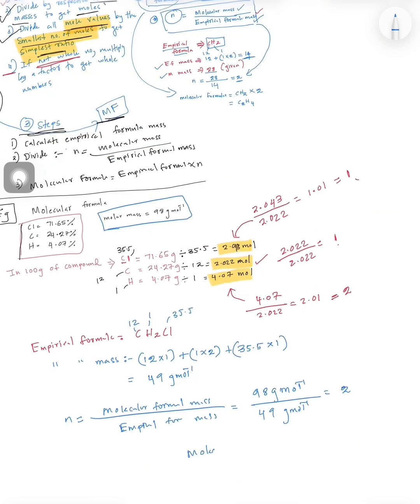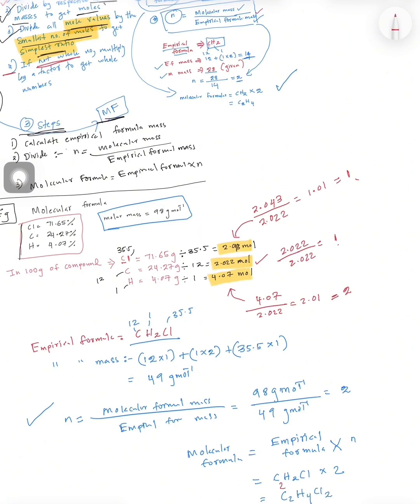To identify the molecular formula, remember this method is the same as here. Molecular formula is equal to empirical formula into the number of moles. The number of moles we found is 2. Here the empirical formula is CH2Cl into 2. The molecular formula is C2H4Cl2.